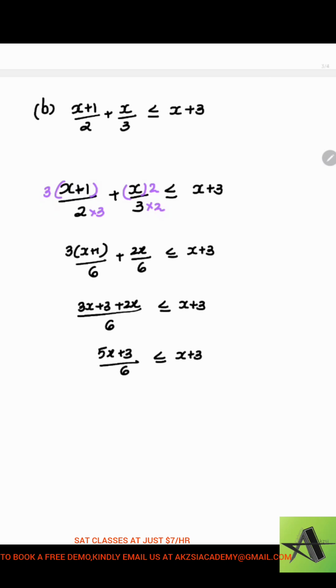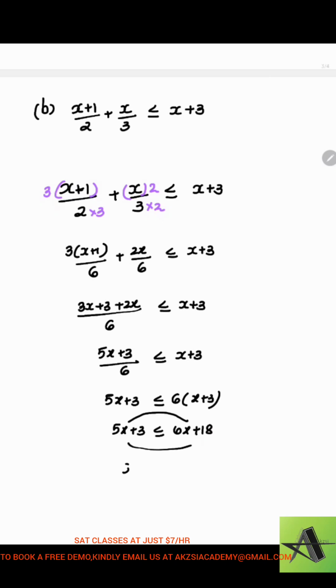Once we have a common denominator on one side, we can multiply that number to both the sides. So, multiplying 6 to both the sides, I'll get 5x plus 3 less than or equal to 6 times (x plus 3). Expanding, I'll get 5x plus 3 less than or equal to 6x plus 18. Let me bring it here.